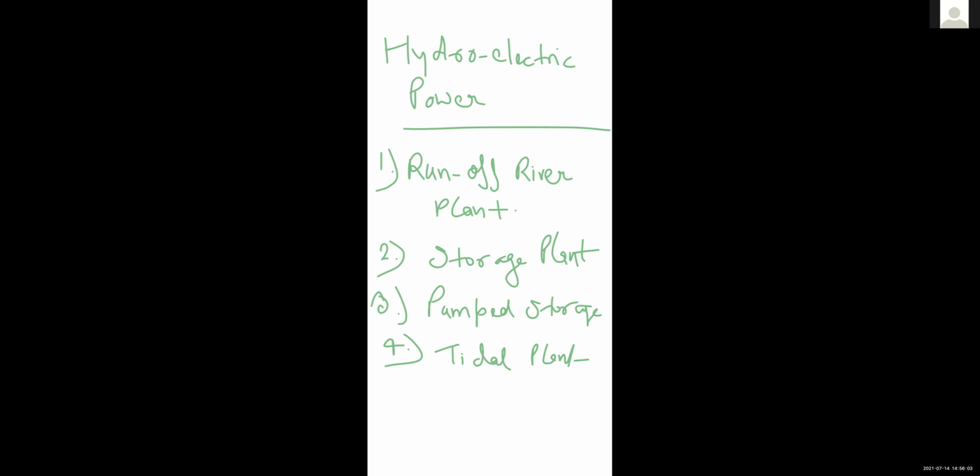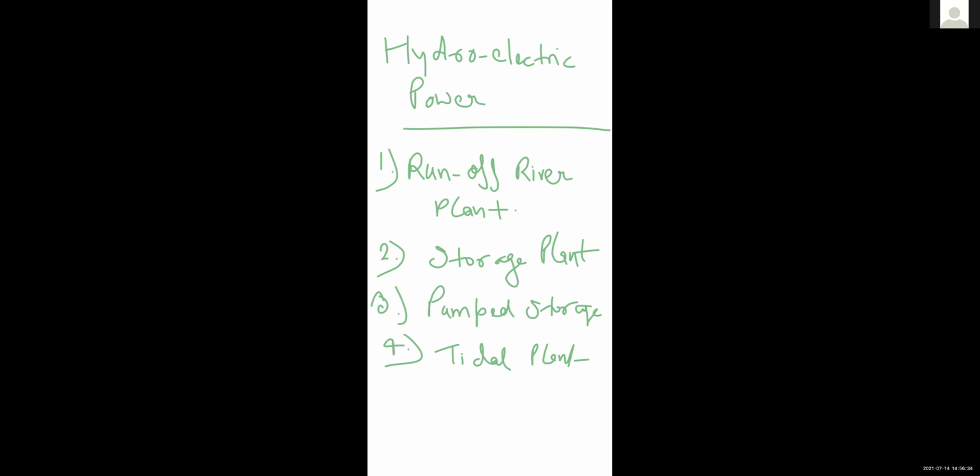Second is the storage plant. A storage plant essentially has an upstream storage reservoir of sufficient size so as to permit carry over storage from the monsoon season to the dry summer season, and also to develop a firm flow more than the minimum natural flow.